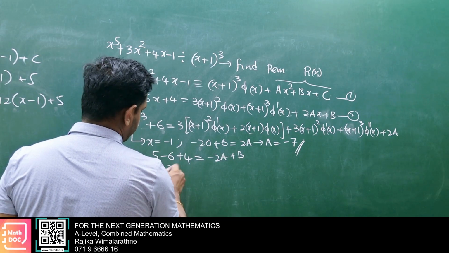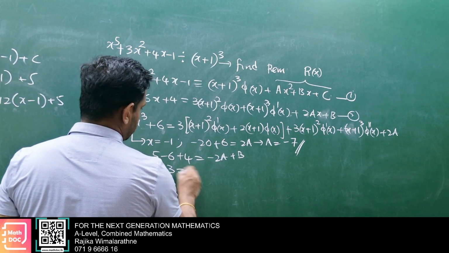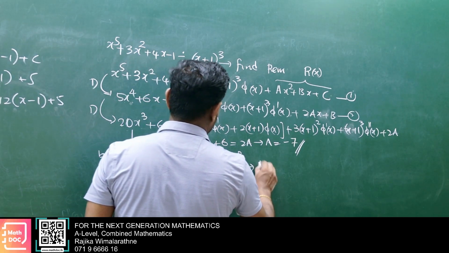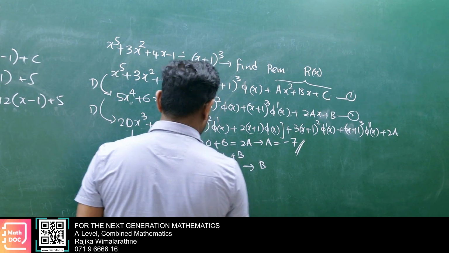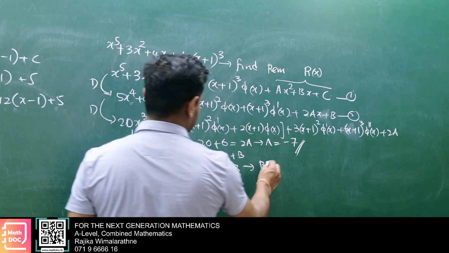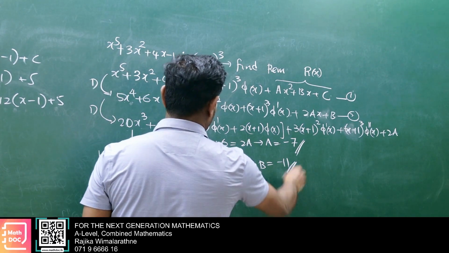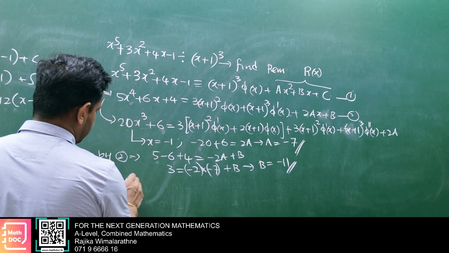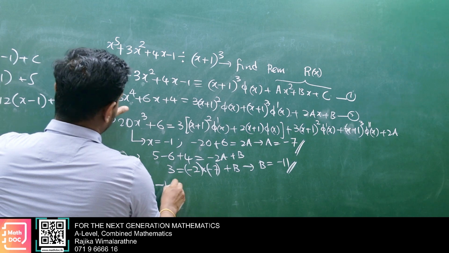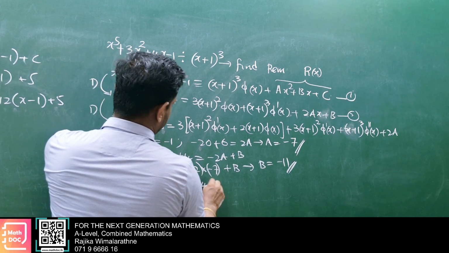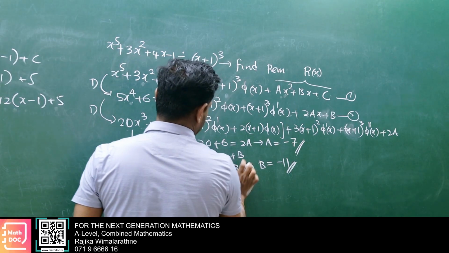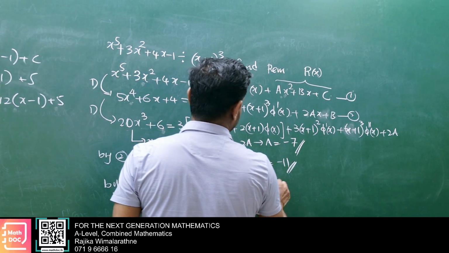Taking the a value minus 7, 14 plus b, so b is minus 11. Then by the original equation, substitute minus 1: minus 1 plus 3 minus 4 minus 1 is minus 3, the other terms are 0, equal to a minus b plus c.